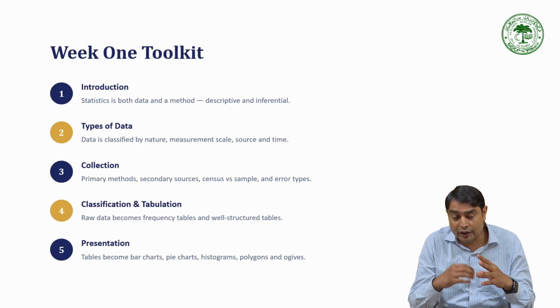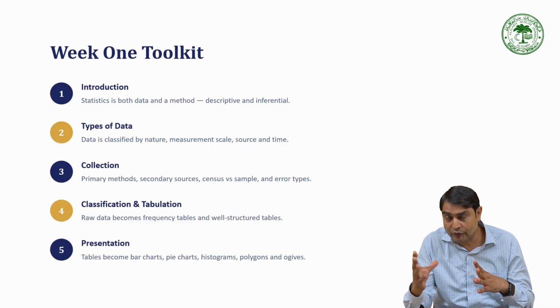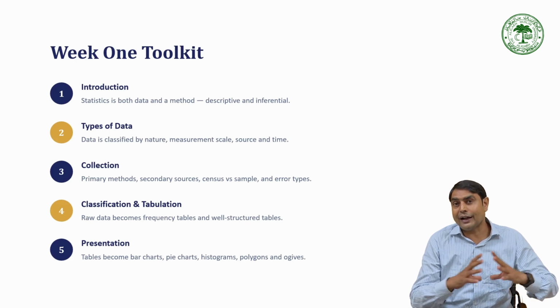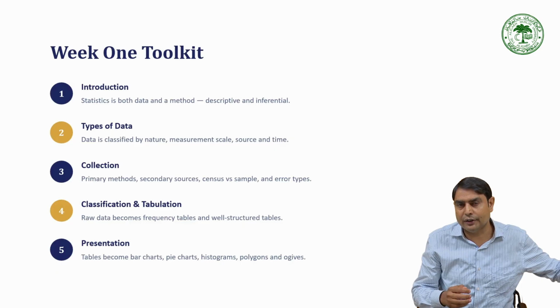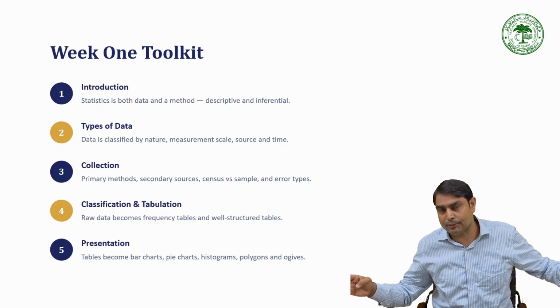Then we learned about collection of data, where we learned about sources of data and methods of data collection. And then we move to the classification, followed by tabulation of data, and lastly, we come to the presentation. So that actually covers the definition of statistics. We started with the data itself, and then we ended with the presentation.